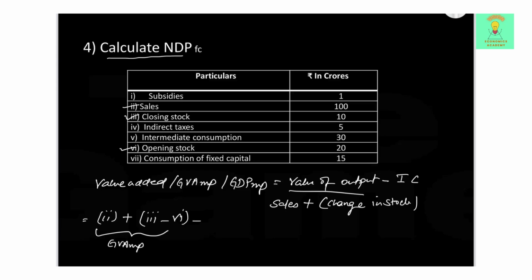From gross to net is minus depreciation. Depreciation is consumption of fixed capital, that is number 7, right? Then from MP to FC it is minus net indirect taxes. So indirect tax is there and subsidy is there. So indirect tax minus subsidy. Okay, so it will give us NDPFC.